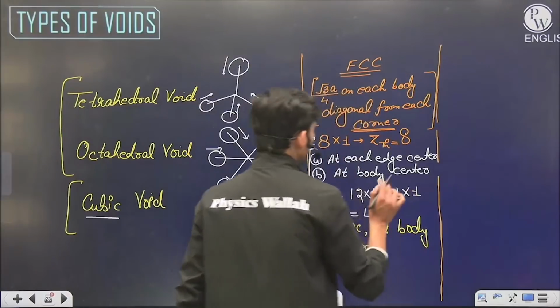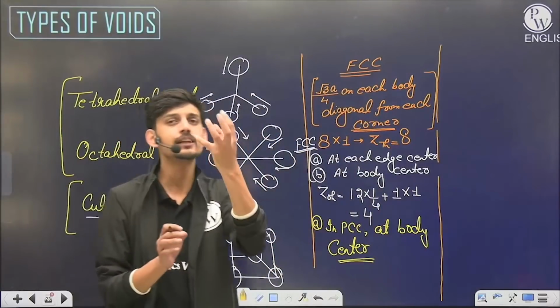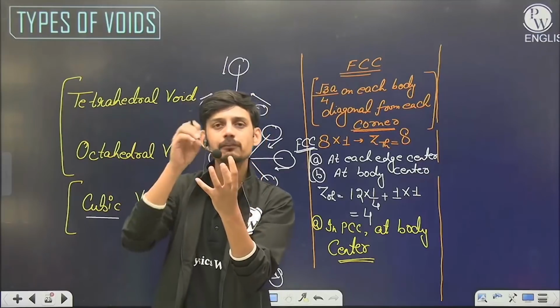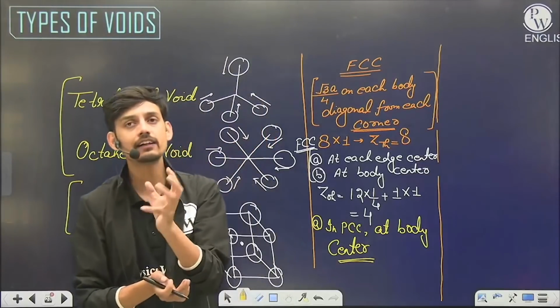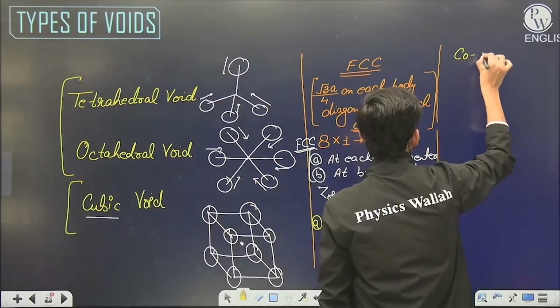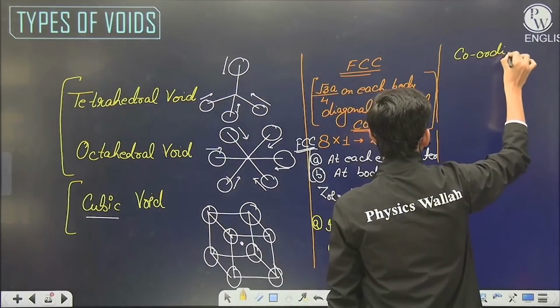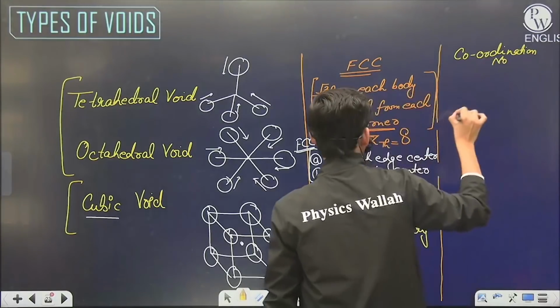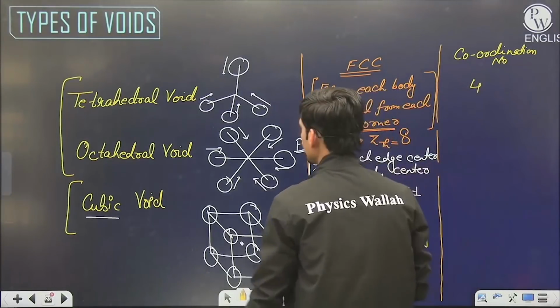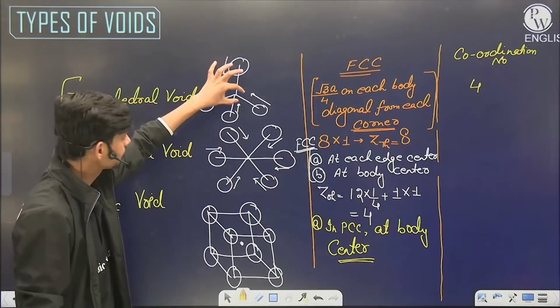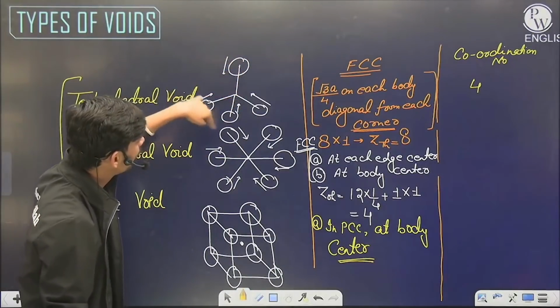For a void, if there is some empty space, it is possible to put some atom there. If I put an atom in a void, then the atom will also have a coordination number. The coordination number for each void is fixed. For tetrahedral void it will be 4 because it is formed by 4 atoms, so if I put an atom at the center, it will be surrounded by 4 atoms only.